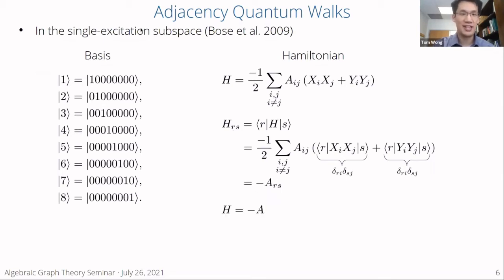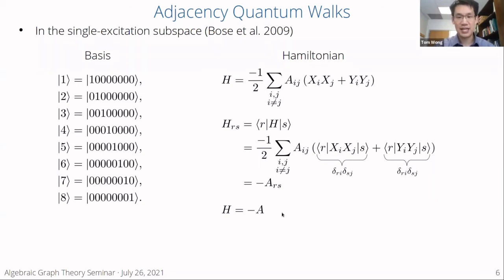So if you didn't follow any of the previous stuff, where I had a lot of physics and I'm referencing quantum gates, basically this is the main conclusion. There is a quantum mechanical physical system where the Hamiltonian is equal to the negative of the adjacency matrix, without the diagonal degree matrix.